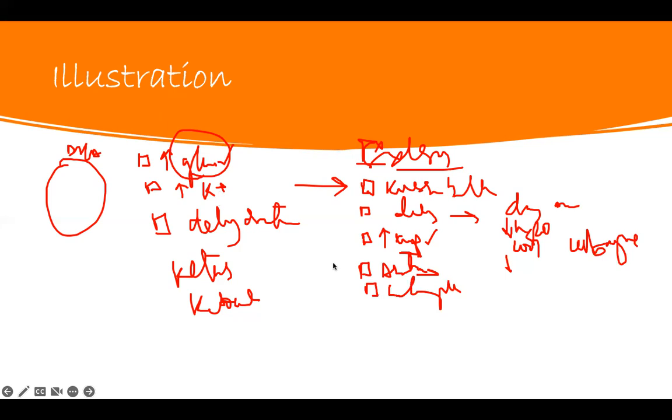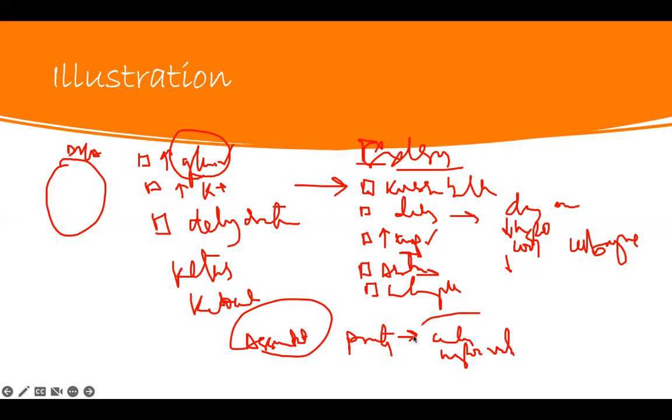So what should be my assessment priority? You see, they can ask you what is our assessment priority? Which one is the priority for me? Well, I have to make sure they are not going into cardiac arrhythmia, and I want to make sure they don't have hypovolemic shock. Those two are my priority. So they can ask you a priority question on that.